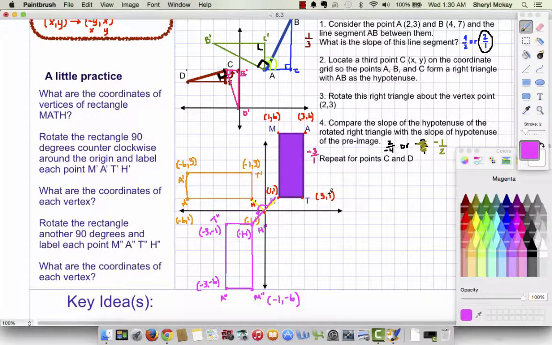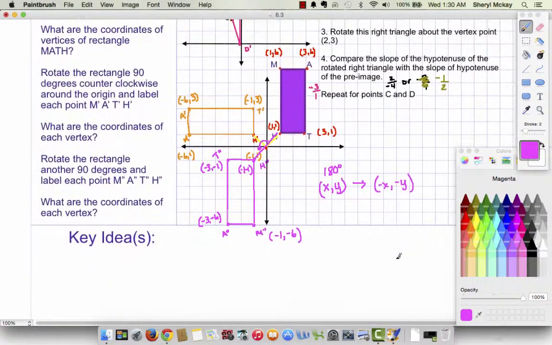And (3, 1) became (-3, -1). So when you rotate something 180 degrees, (x, y) becomes (-x, -y). Pretty cool.